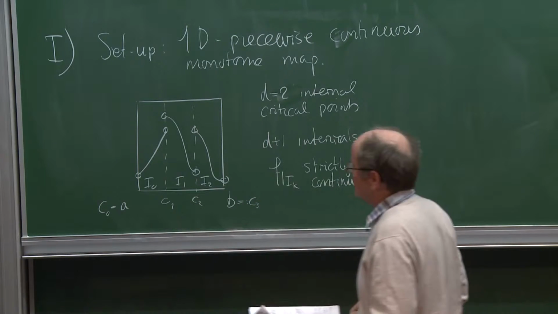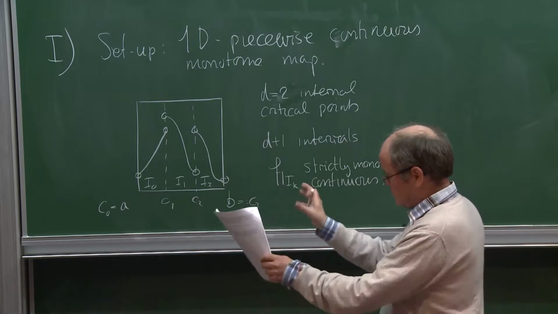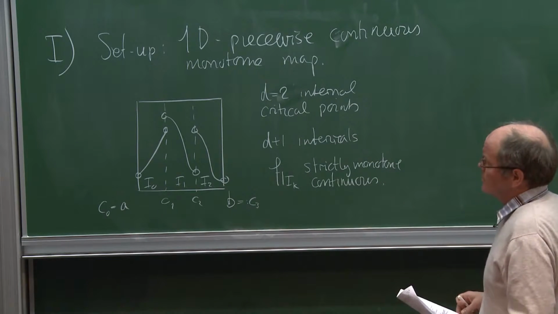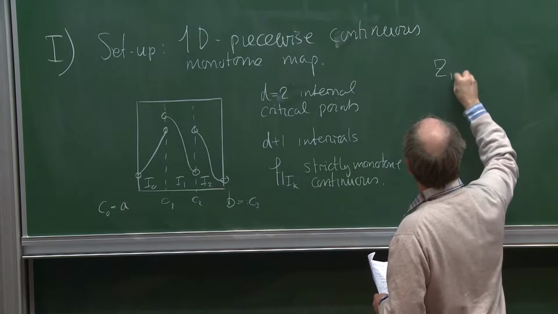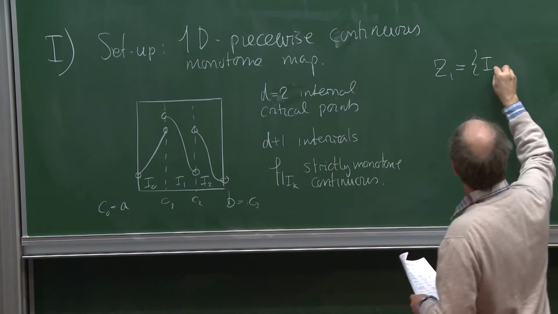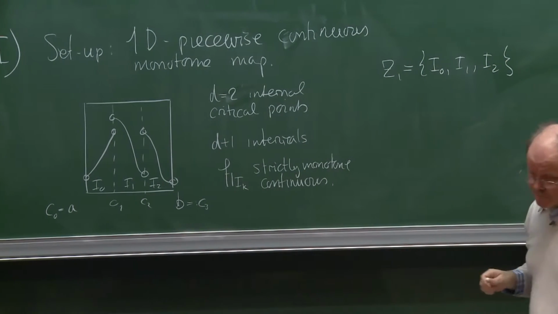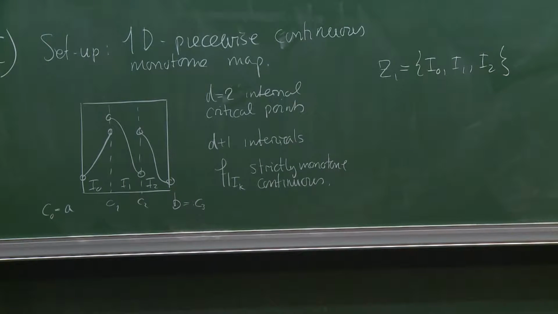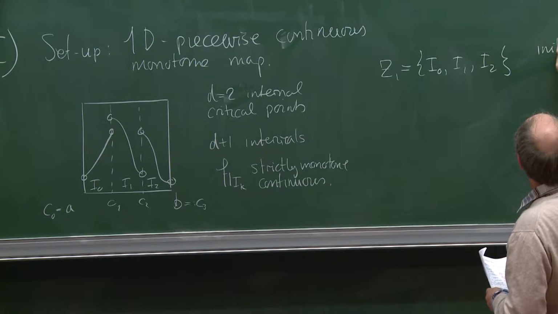I don't define it at A and B either. But apart from that, you can start looking at what the dynamics is going to do with the interval. So we have first Z1, the collection of three open intervals, which form a partition for the domain of the function, say the initial partition.